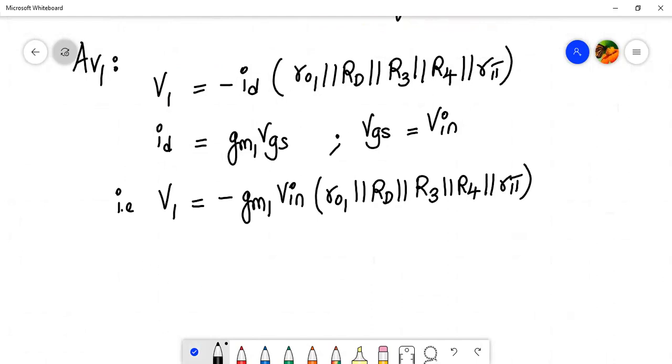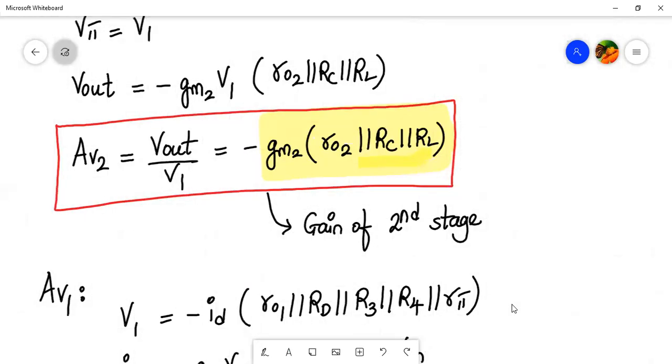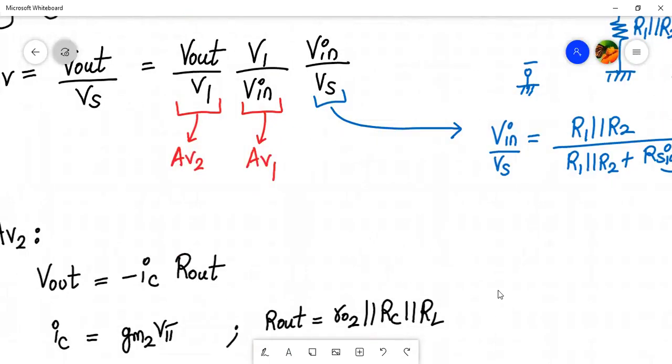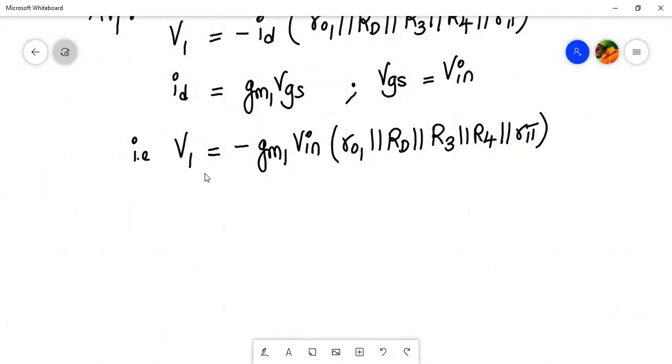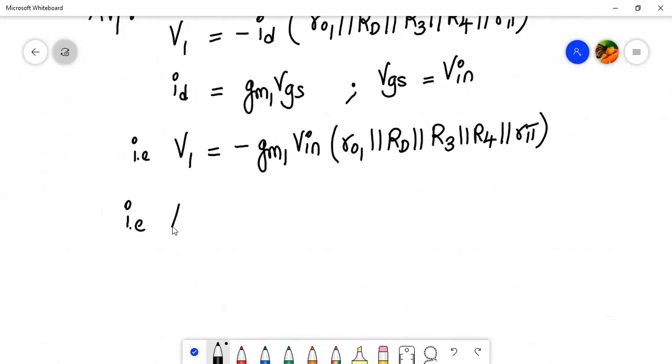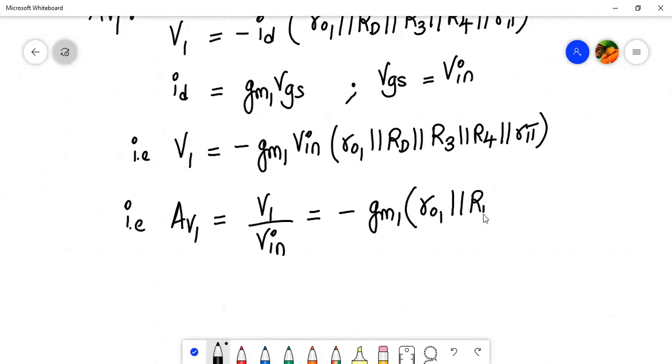And now we know what is the formula for AV1. AV1 is V1 upon Vin, right? So, okay, sorry. So over here, what is V1 upon Vin? V1 upon Vin, that is AV1, is equal to minus of gm1 into ro1 parallel to RD, parallel to R3, parallel to R4, and parallel to R pi.